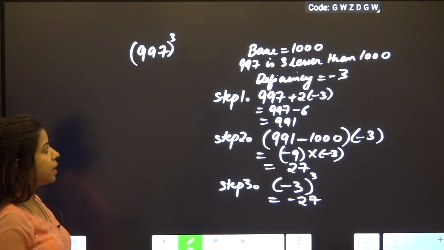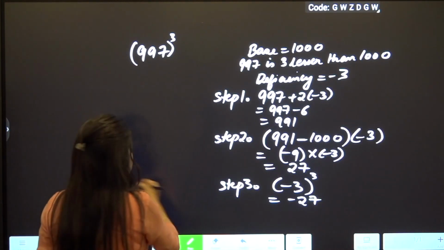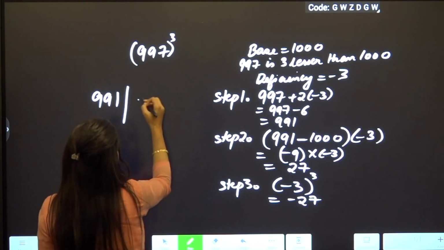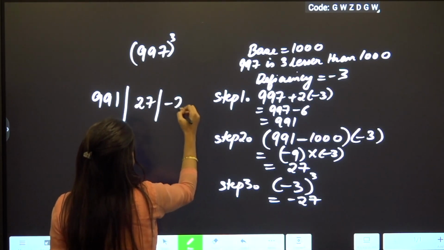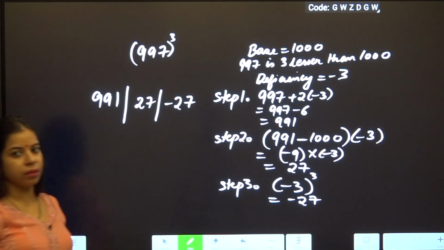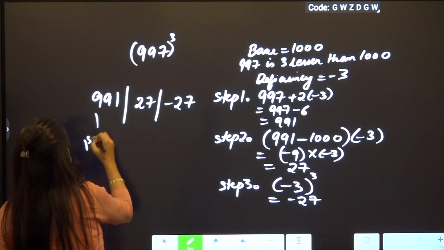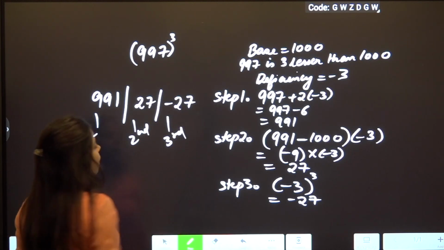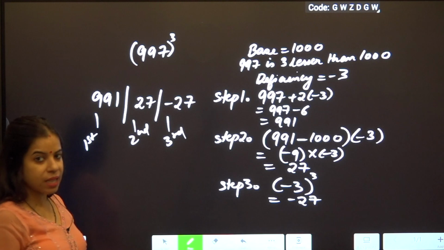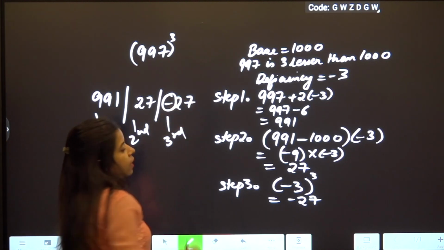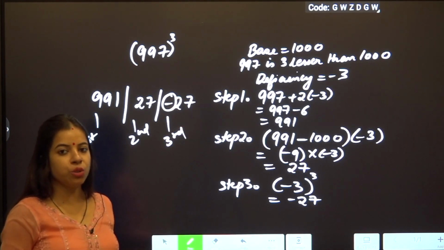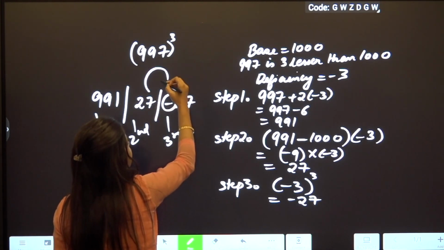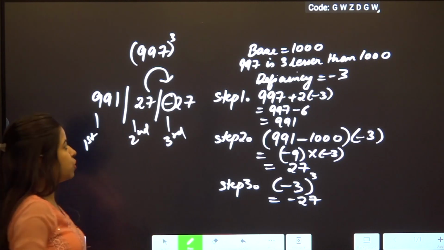So, for the answer, let me write all these steps here as, first step, second step, and this is the third step. Now, in the third step, we can see that there is a minus sign. So, we are going to remove this minus sign. How? We are going to borrow 1 from the second step.